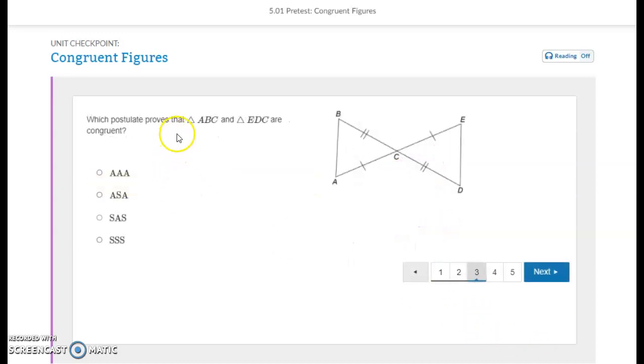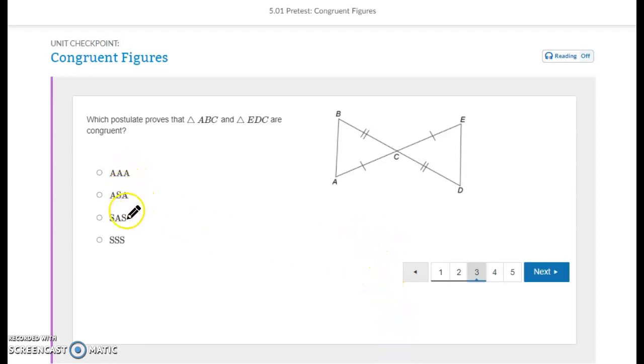Okay, which postulate proves that ABC and EDC are congruent? If you recall from a previous video, we have these postulates where the A's represent angles and the S's represent sides, based on the information they give you in the problem. Here, they show that two sides are congruent, the ones with two little ticks and the ones with one little tick. We need a third piece of information.